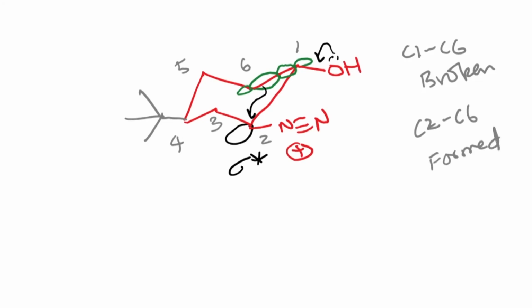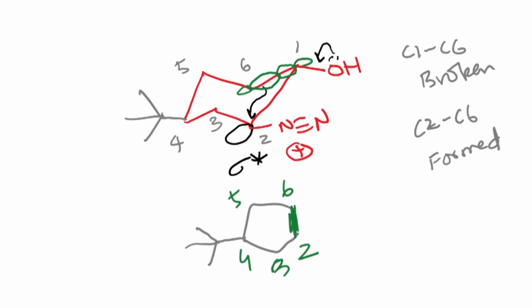So this is important for us to note down, and this gives us a 5-membered ring. I'm going to draw the 5-membered ring as shown here, and this is the tertiary butyl group, and this is the new bond between carbon 6 and carbon 2. This is 3, 4, and 5, and now the bond between carbon 1 and carbon 2 is intact, and a new protonated aldehyde is produced. This is carbon number 1.